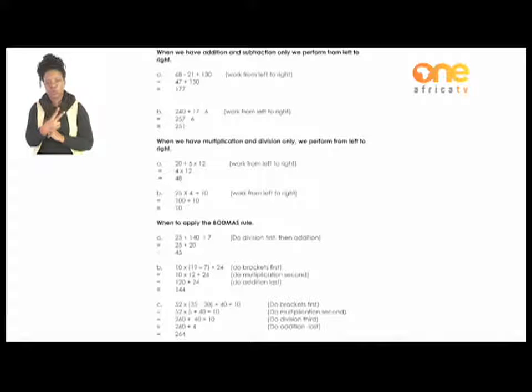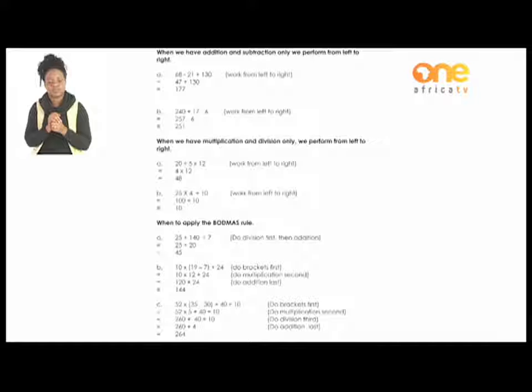Let's try when we have a multiplication and a division only. Remember again, BODMAS works from left to right. Multiplication and division are also like brother and sister. The one that comes first, that one we do first. Chanel, are we together? Yes, Chanel is together. So let's try 20 divided by 5 times 12.